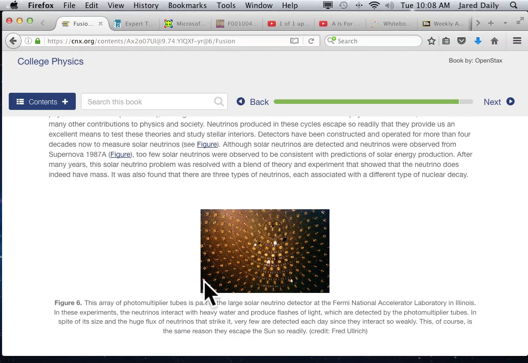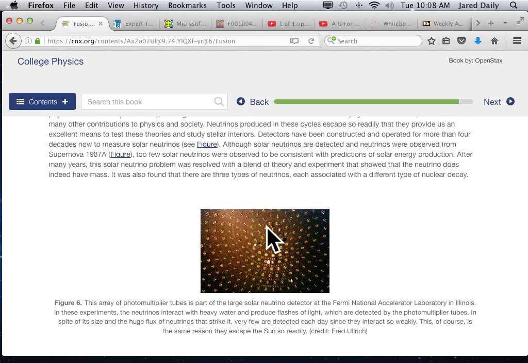And at Fermi Labs, which is just outside of Chicago, they have this pool. What you're seeing here is you're looking down into a pool of deuterium. It's called heavy water. So it's water that's made, instead of with hydrogen, with deuterium.